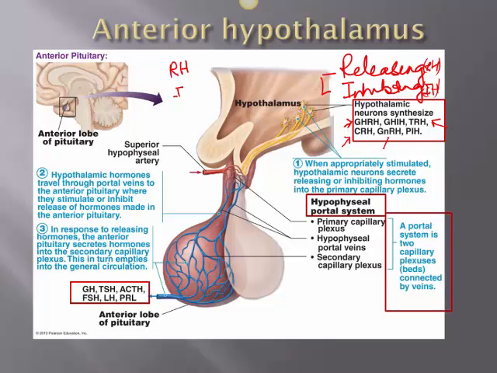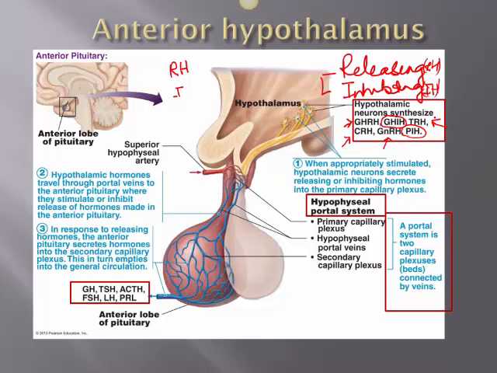This is called gonadotropic releasing hormone. Sometimes people say there's something called prolactin releasing hormone. That's a bit iffy. Some don't agree with it, so we won't include it here. So you can see these are the releasing hormones. Look at the inhibiting hormones: growth hormone inhibiting hormone and prolactin inhibiting hormone.